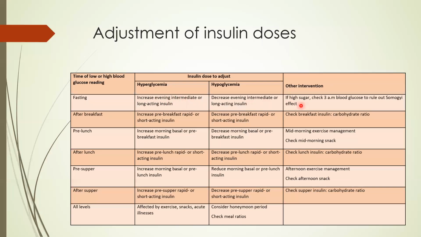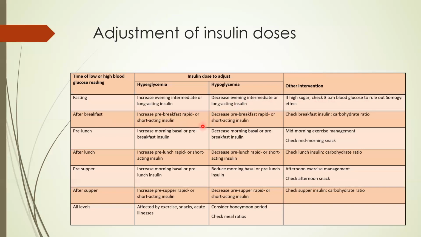The other intervention here is you may ask the patient to check the 3 a.m. sugars to rule out what we call Somogyi effect. If the patient is coming with hypoglycemia in the morning, several episodes of that, then you may decrease evening intermediate or long-acting insulin, and also check the 3 a.m. sugars to look for either Somogyi or Dawn effect.